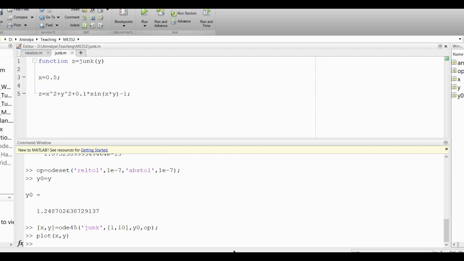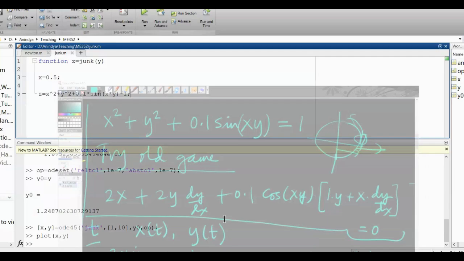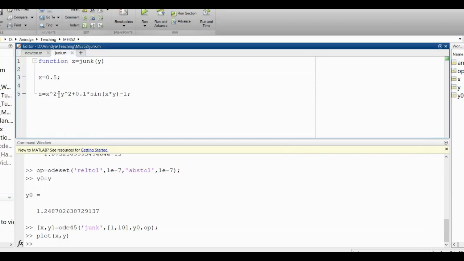Here's the minus 1. Okay, so that is what has to be 0. So for given x equals 0.5, we have to find a y for which this is 0, and we can hope that this is something not very far from the circle, so maybe 0.8 or some such number, we'll see.